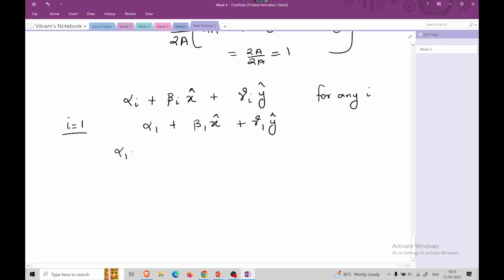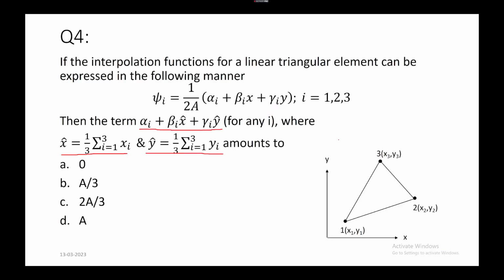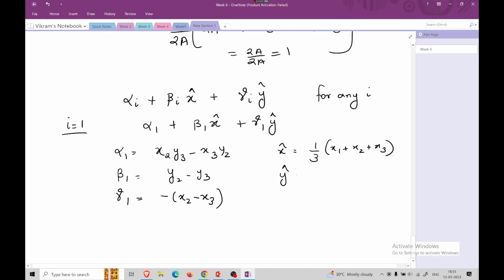So what is my alpha 1? x2 y3 minus x3 y2. Beta 1 is y2 minus y3. Gamma 1 is minus of x2 minus x3. And x cap is 1 by 3 times x1 plus x2 plus x3, that is my definition, so summation of xi divided by 3, and y cap will be y1 plus y2 plus y3 divided by 3.